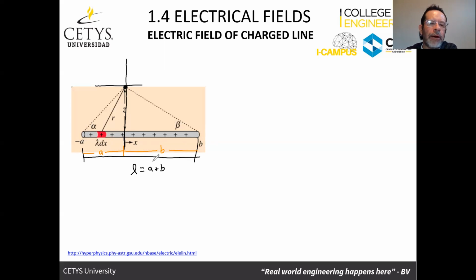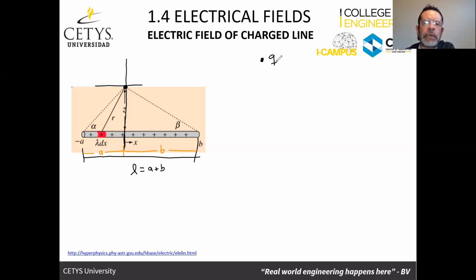Now, there's an important difference between a point charge and the line charge. With the point charge, the point had a charge Q, and that was it. There was no geometry. So that charge was not distributed anywhere. It was just located there.